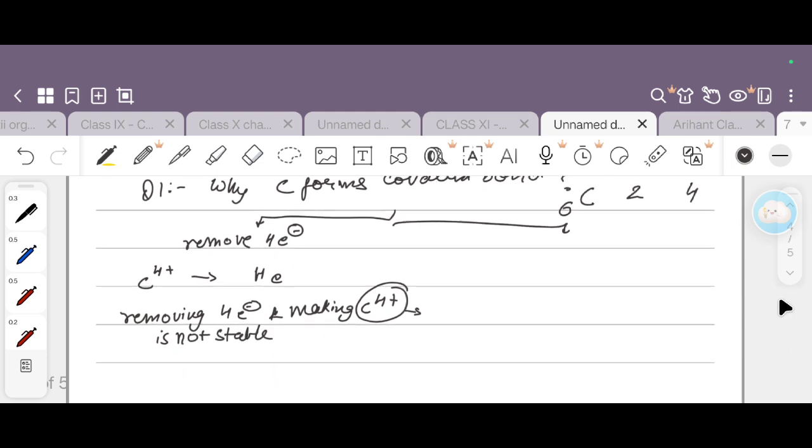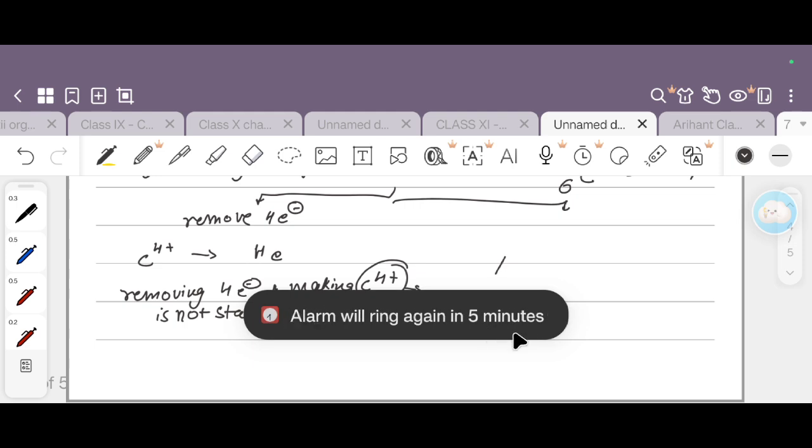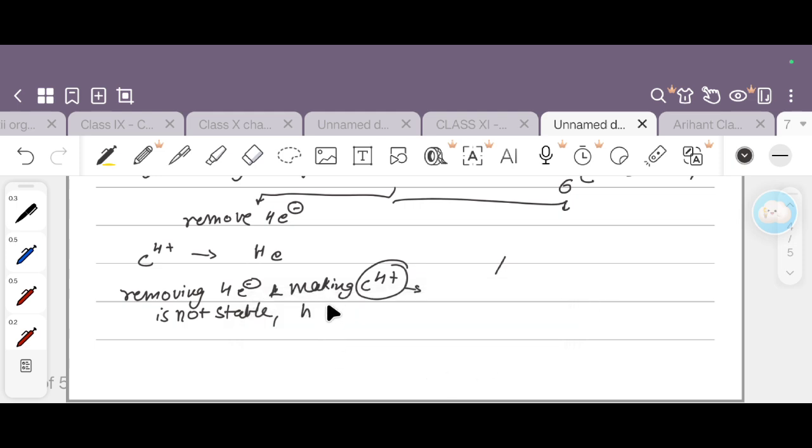The reason behind this is that higher energy will be required to remove 4 electrons. That's why the carbon atom will get unstable.